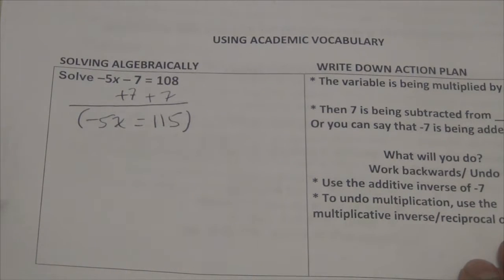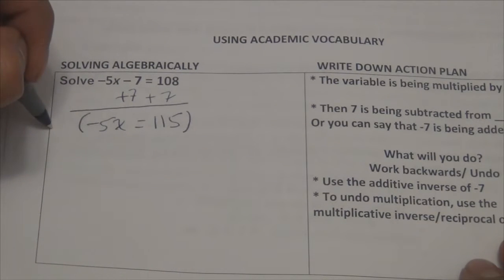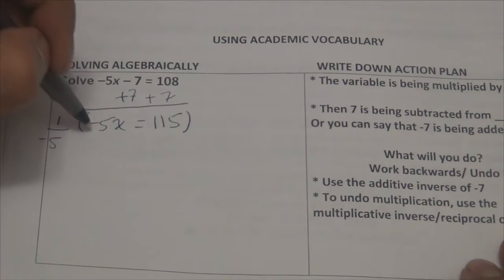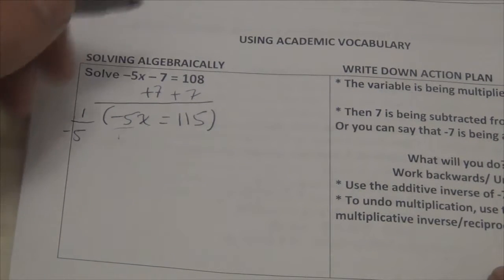So this time I'm going to use the multiplicative inverse, and you're already familiar with that. What is the multiplicative inverse of negative 5? It's 1 over negative 5. How? Because this is negative 5 over 1. Remember?